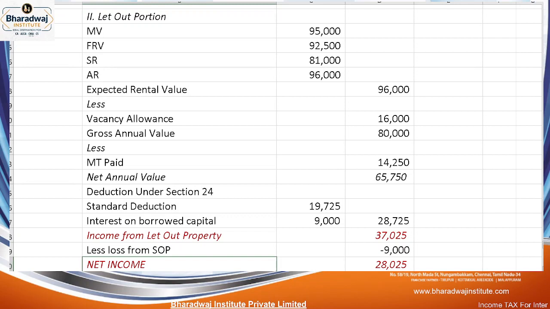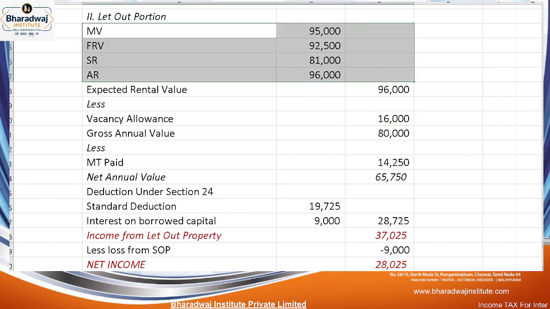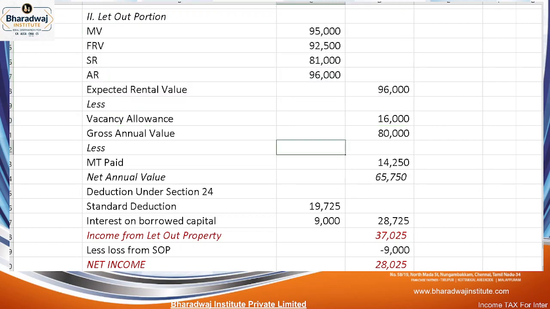This is not a new one for us. Please remember, in case of vacancy, what you have to do? You have to first work out every value for the whole year, then claim the deduction for vacancy. Done? Good. If required, you can pause and correct or copy your answer. We will proceed.